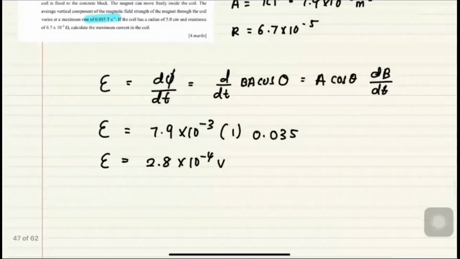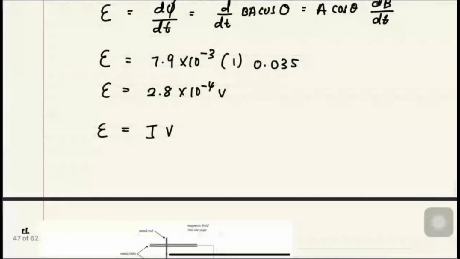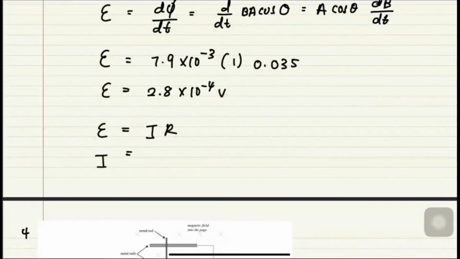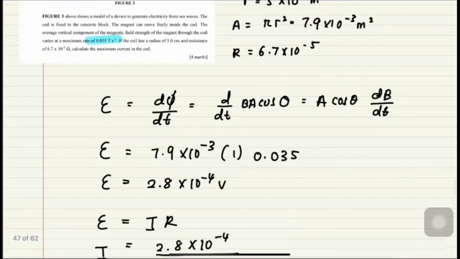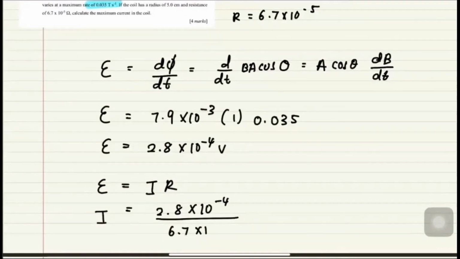But the question wants to find the current, so you can relate using Ohm's law, V equals IR. So I is equal to the EMF, 2.8 times 10 to the negative 4, divided by the resistance, which is 6.7 times 10 to the negative 5. So this one you should get 4.1 amperes.